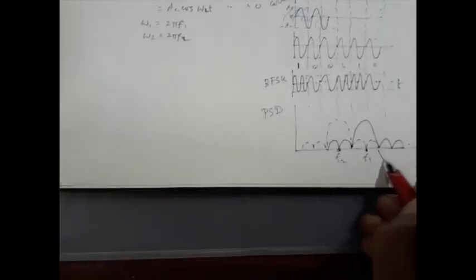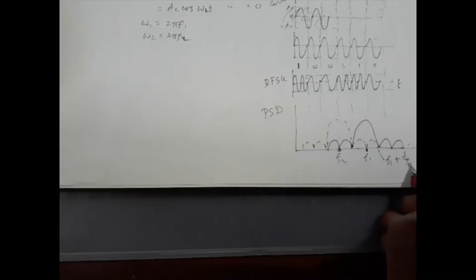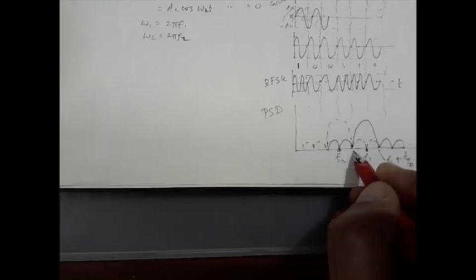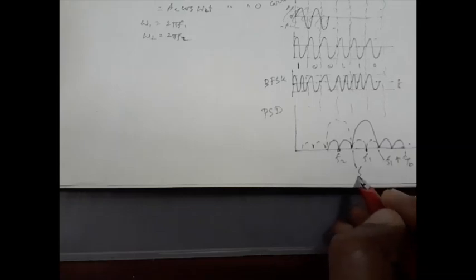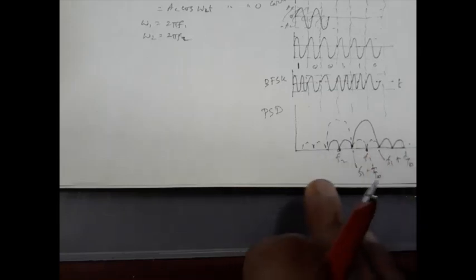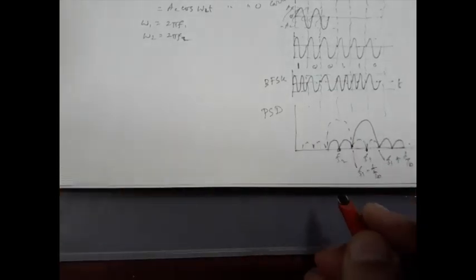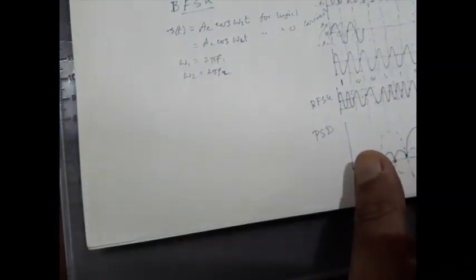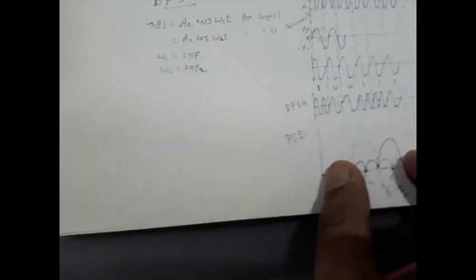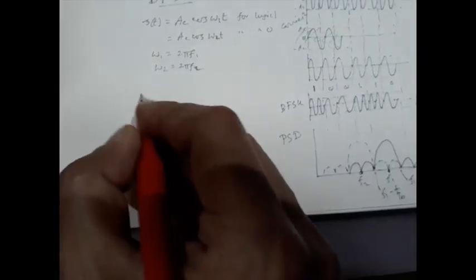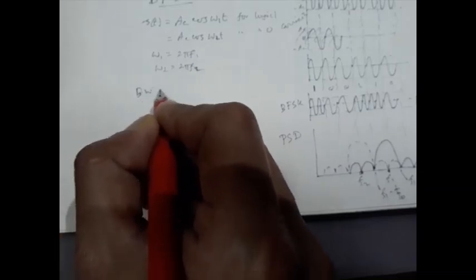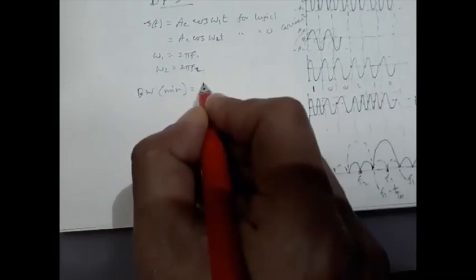So this frequency is F1 plus 1 by TB. This one is F1 minus 1 by TB, and so on. So the minimum bandwidth requirement is this, 4 by TB, that is 4 FB.